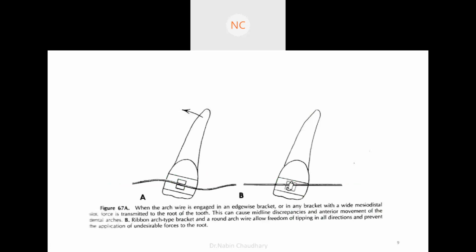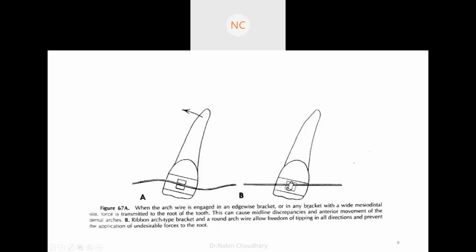While changing the mechanism into extraction therapy, Dr. Begg found that the edgewise mechanism was not suitable for closing space quickly. Because the edgewise mechanism had a two-point contact, it applied the force to the root and prevented the rapid closure of the space.